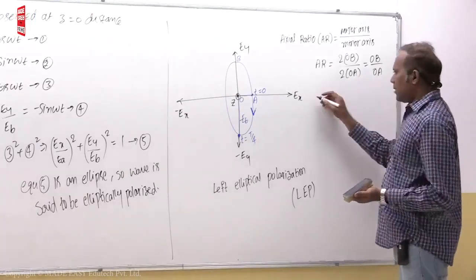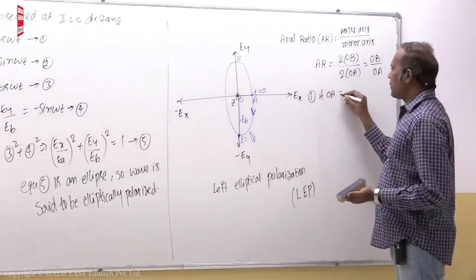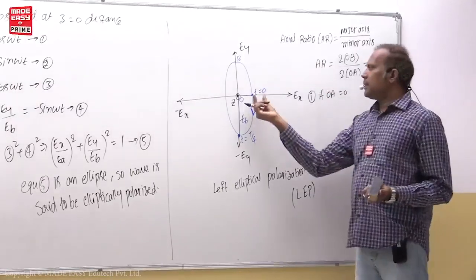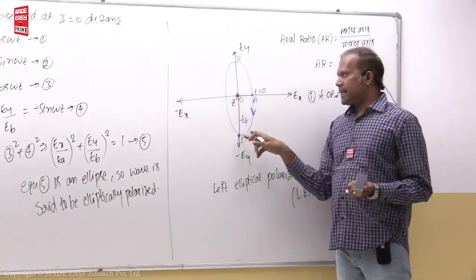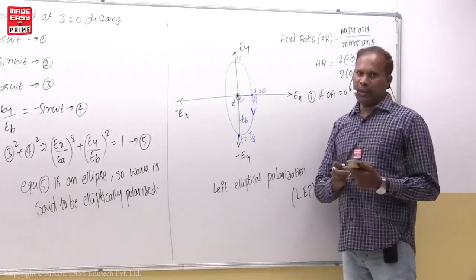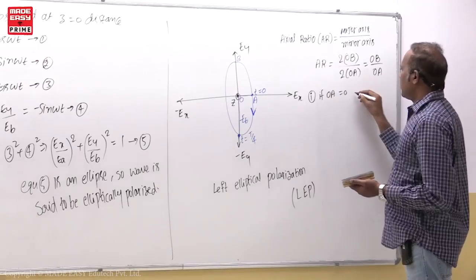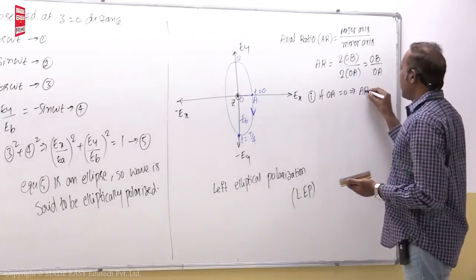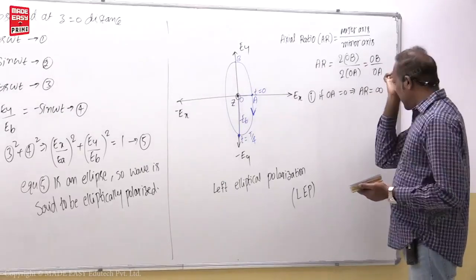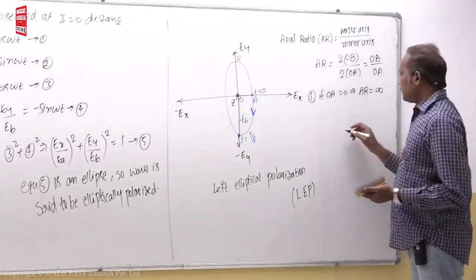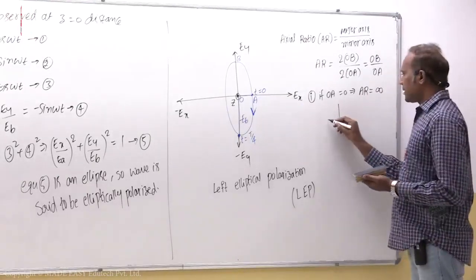First one, if OA is equal to 0, that means this width is 0, this is also 0, then it looks like a straight line, then that is linear polarization. So if OA is 0, it implies axial ratio becomes infinity, then that ellipse becomes a line actually.